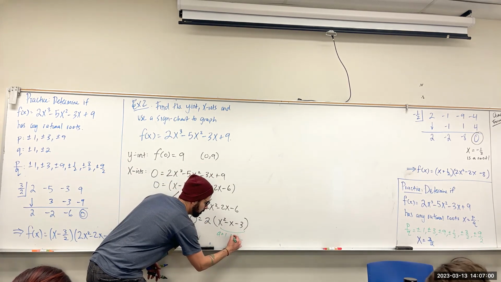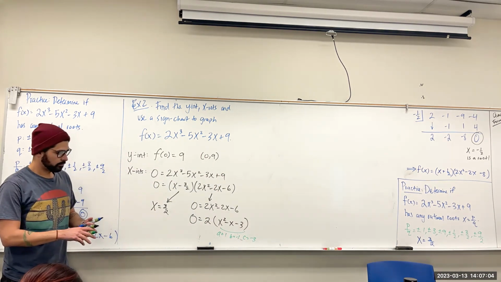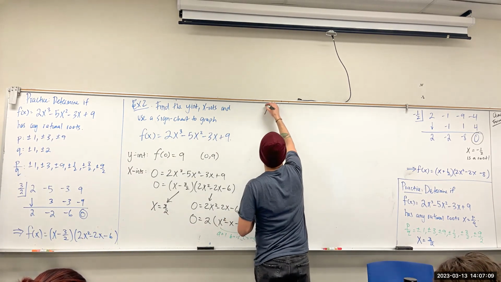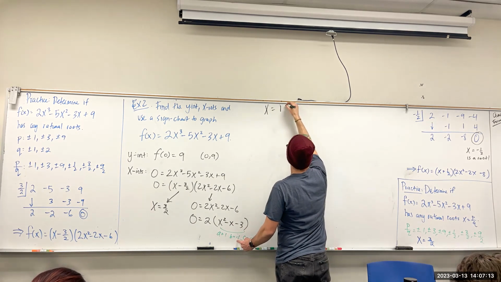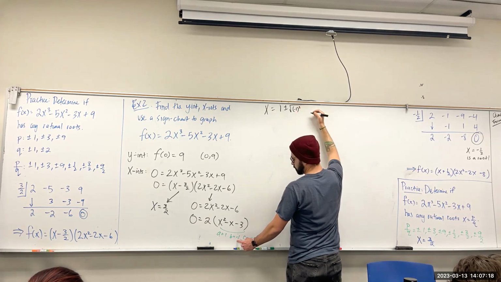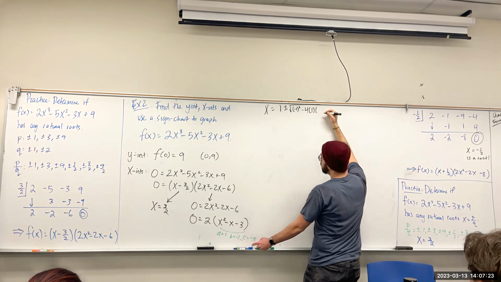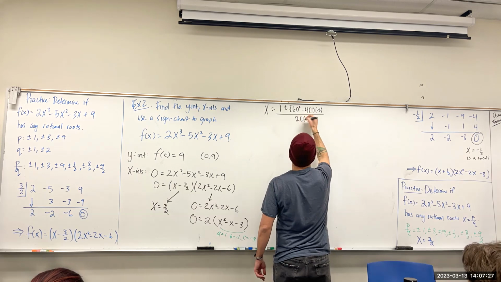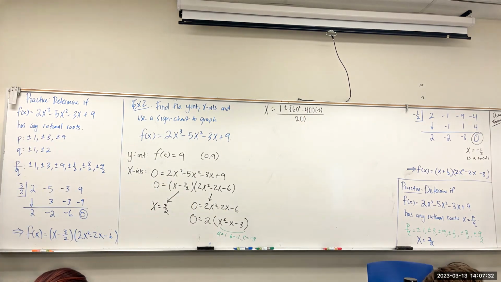A is 1, B is -1, C is -3. So if I use the quadratic formula, I'm going to get negative -1, so +1, plus or minus the square root of -1 squared minus 4 times 1 times -3, all over 2 times 1. Is that correct?